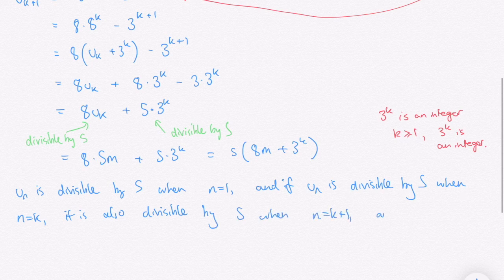And so un is divisible by 5 for all integers n greater or equal to 1.